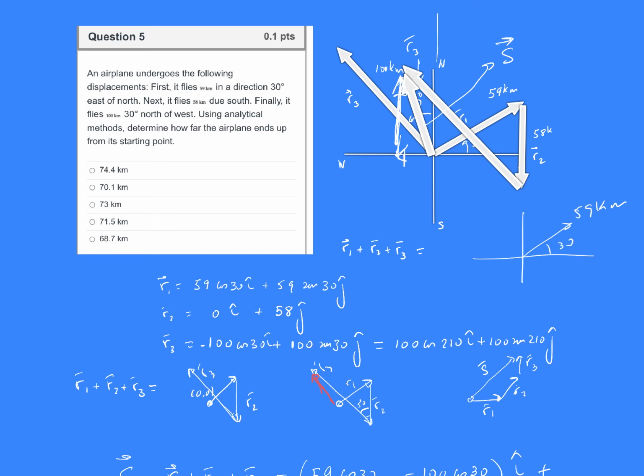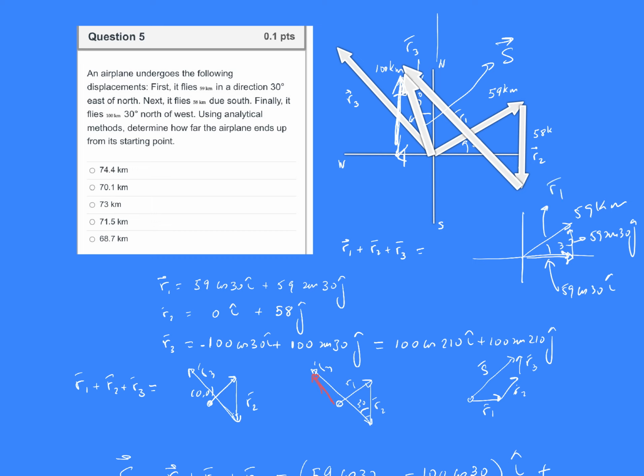So R1 is clearly the vector 59 cosine of 30 in the i direction plus 59 sine of 30 in the j direction. R1 is the sum of this vector plus this vector. This vector is 59 sine of 30 in the j direction. And this vector is 59 cosine of 30 in the i direction. So this is the vector R1.